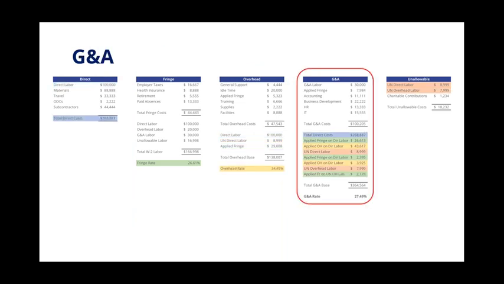And when we talk about G&A, again, typically the total cost input here. So you'll see that things like total direct cost, applied fringe, applied overhead, and then that unallowable direct and unallowable overhead expenses would come over here because they become part of the G&A base.